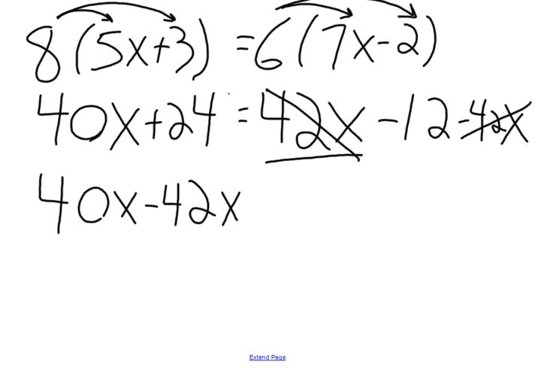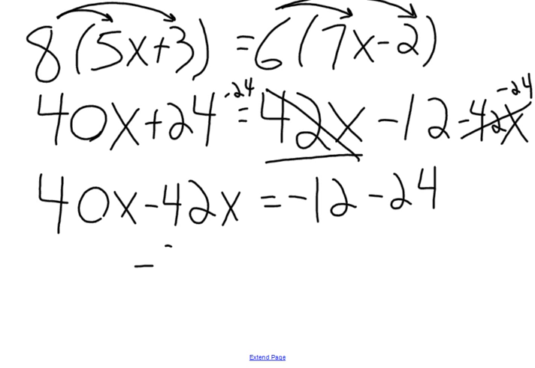And we're going to do the same with the 24. We're going to take that away from both sides. And we end up with negative 12 and negative 24. I prefer to think of those as adding negatives rather than subtracting. So this comes out as negative 2x equals negative 36.